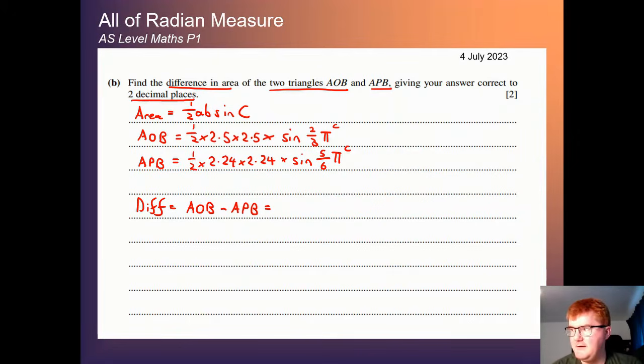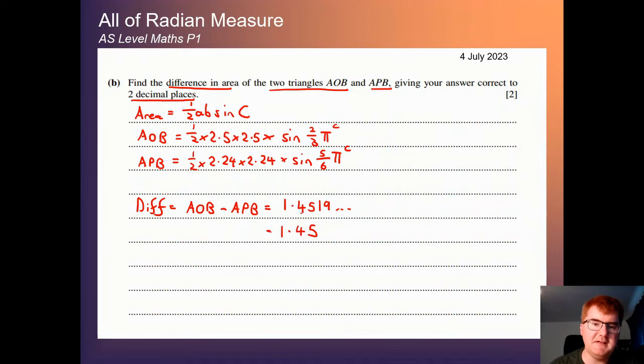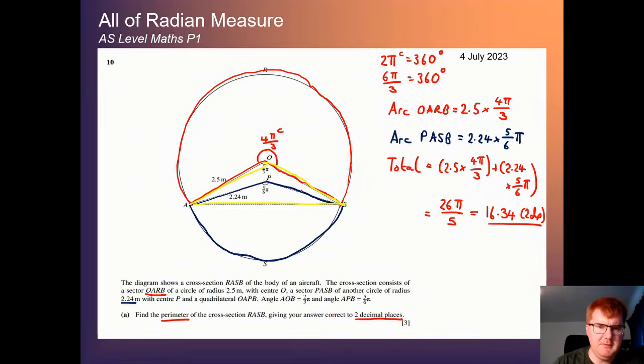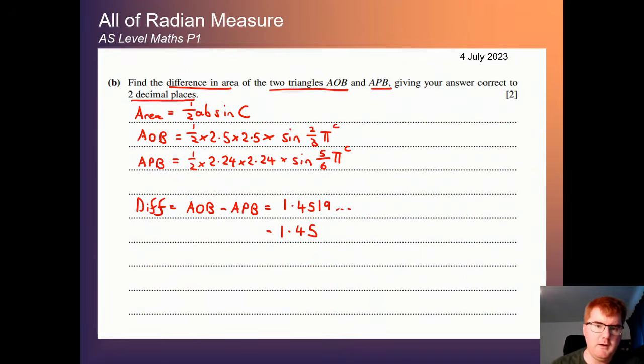It takes a little bit of time to load, and that gives us the difference of 1.4519. And again, we want this to 2 decimal places. It's going to be 1.45. Again, strictly speaking, we've probably put this in meters as well. So let's pop that in.